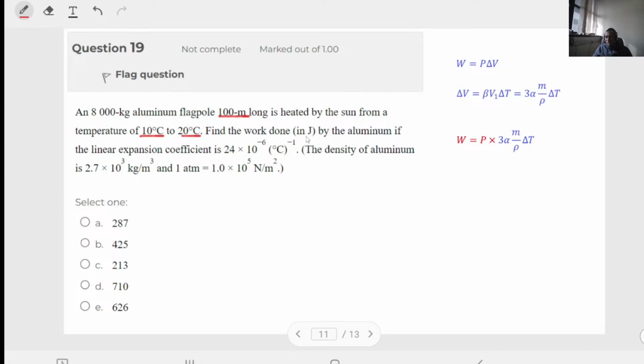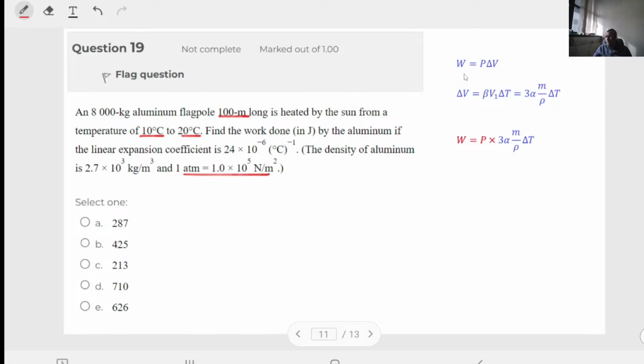Find the work done in joules by the aluminum if the linear expansion coefficient of aluminum is 24 times 10 raised to minus 6 per degree centigrade. The density of aluminum is given, and the pressure is 1 times 10 raised to 5 newtons per meter squared. Pressure is also given.